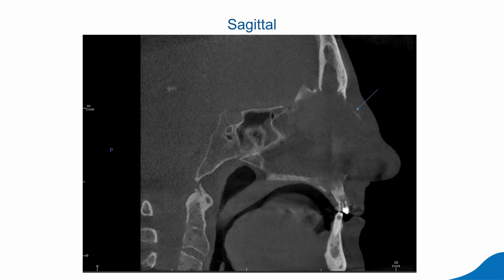And you can even see erosion within the anterior cranial fossa. So the malignancy was extending from the alveolar process of the maxilla all the way up to the frontal sinus, and eroded also the nasal bone and the floor of the anterior cranium.